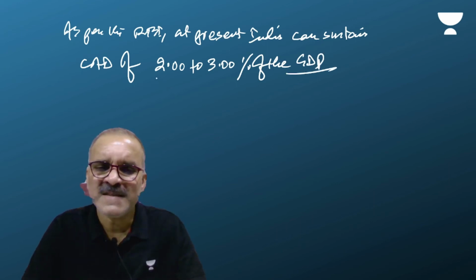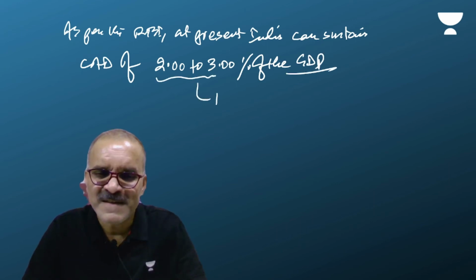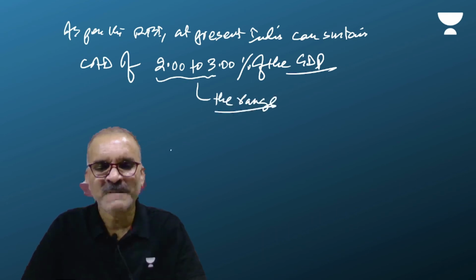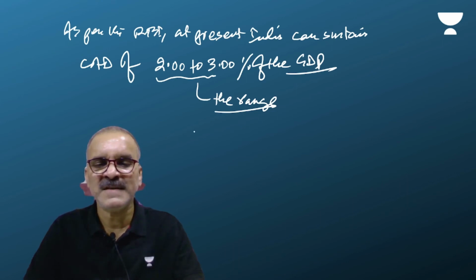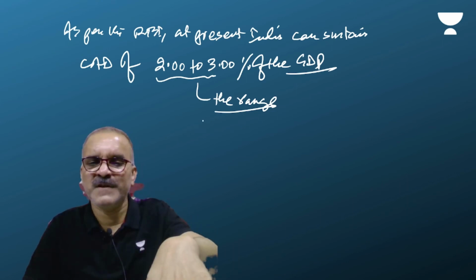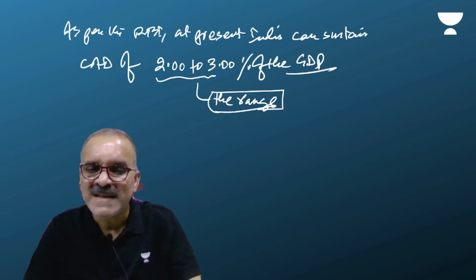Clear? This is the range right now. Till your current account deficit is up to 3% of GDP, we can sustain it.